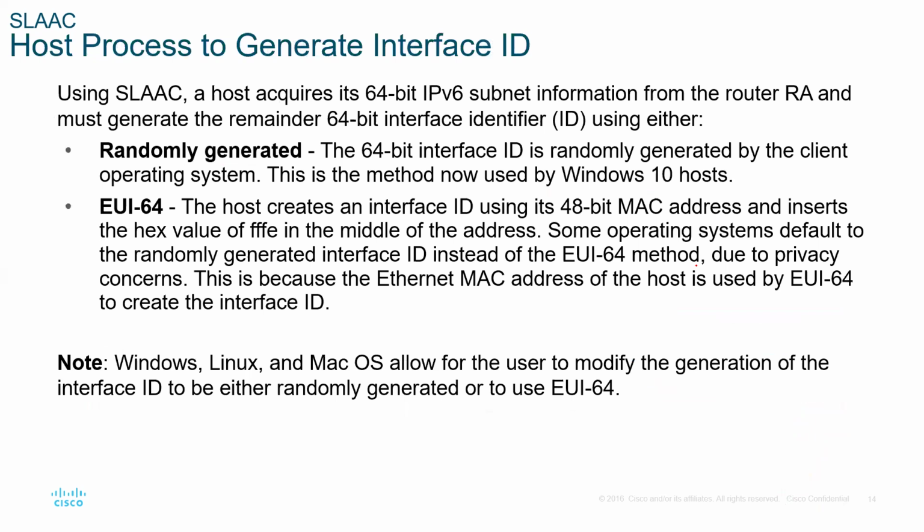Host process to generate interface ID. Using SLAAC, a host requires its 64-bit subnet information from the router and must generate the remainder. I think we've touched on this already. How is the interface ID, which is the host portion, generated? If I'm using SLAAC only, the first 64 bits are the prefix, the global routing prefix, basically.